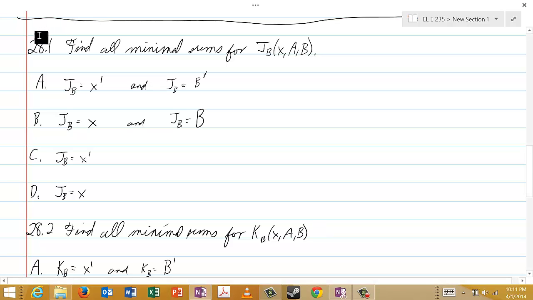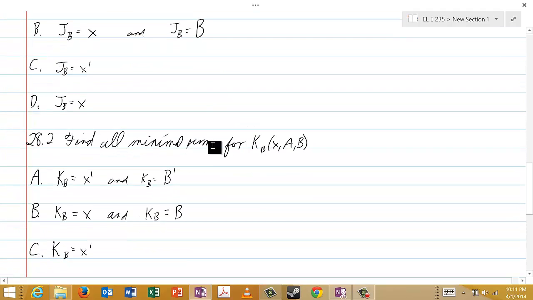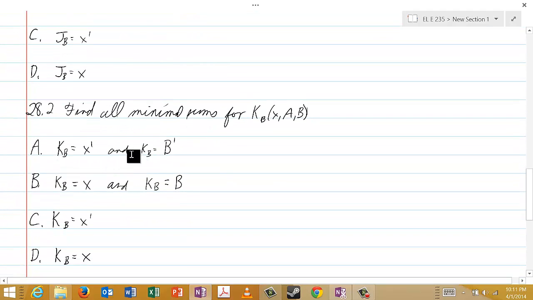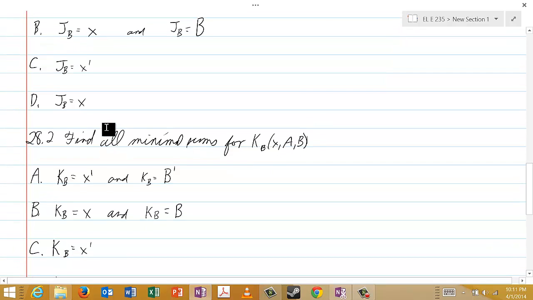And the variables are X, A, and B on all of these. So if you want to, each one of these JBs here could be changed to JB of X, A, and B. And likewise, all of the KBs here you could change to KB of X, A, and B. I've just written it more concisely.